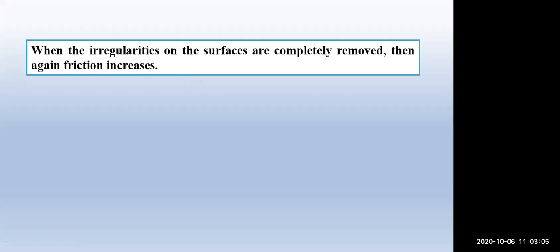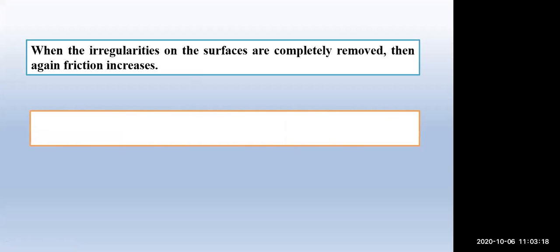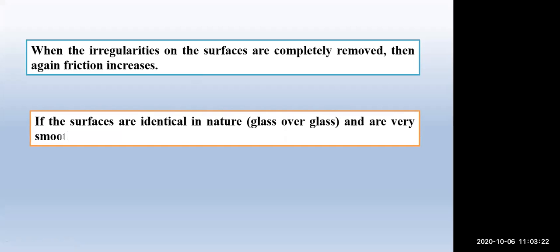Now if you remove them completely, the two surfaces will come very close to each other. They will be perfectly in contact, and the molecules and atoms on the two sides will start exerting adhesive forces on each other, and because of that they will have even larger friction.